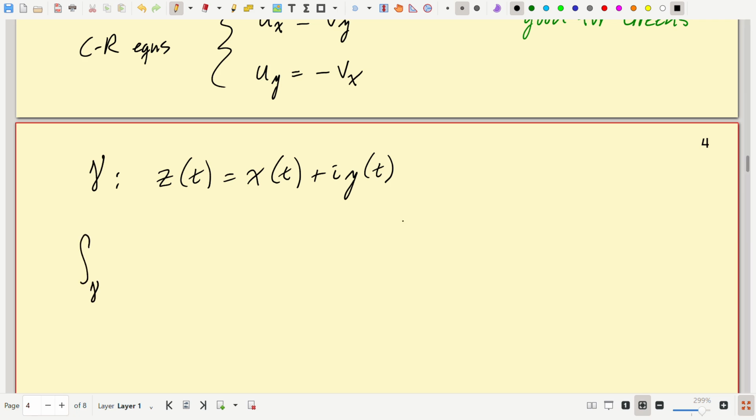As t goes from little a to little b, the integral along gamma of f dz is shorthand notation for a real integral: the integral from a to b of f of z of t times z prime of t dt.